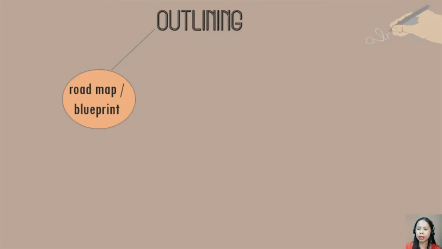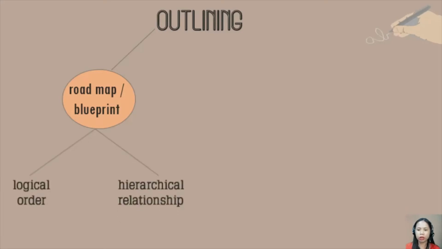This is because it provides a framework or a summary of the essential features of a text. An outline shows how the parts of a text are related to one another, or we call it a logical order, or it also shows us the hierarchical relationships of parts of a text. There are two ways that you can write an outline.